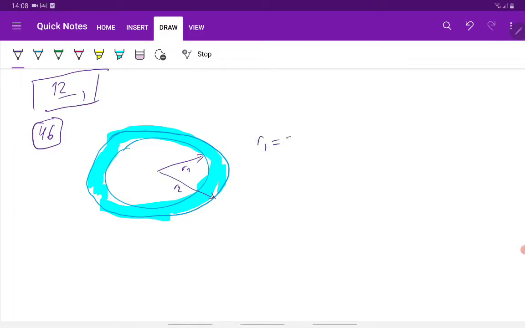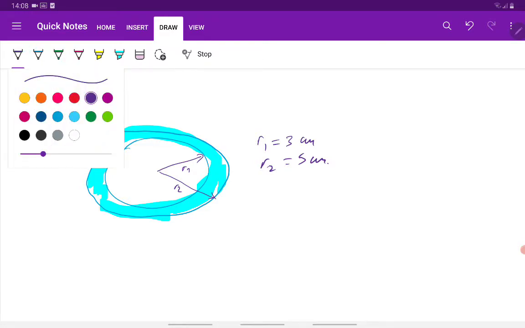R1 is 3 centimeters, R2 is 5 centimeters, and the 50 amperes current is distributed uniformly over the cross section and flows into the page.